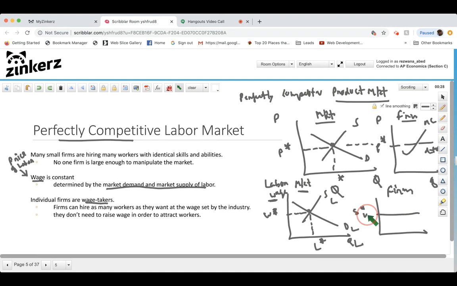So this is wage. So the W star is a constant. Because they just have to accept this market price as given, and they can hire as many workers as they can at this market wage, and they wouldn't have to increase their wage, and they wouldn't lower their wage either, because if they lowered wage, workers can just go to some other farms who are going to be paying them at least this much.